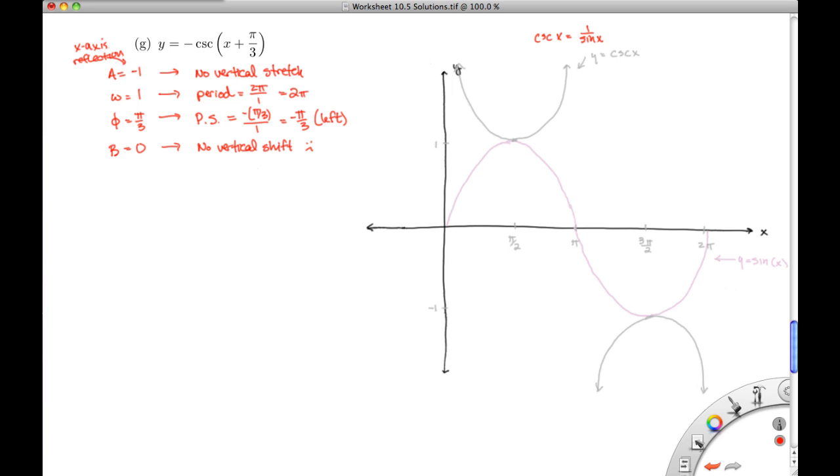If we do the shift, we're used to shifting these now. So to shift, in this case we're going to go to the left, so we're going to subtract pi over 3 from all points.